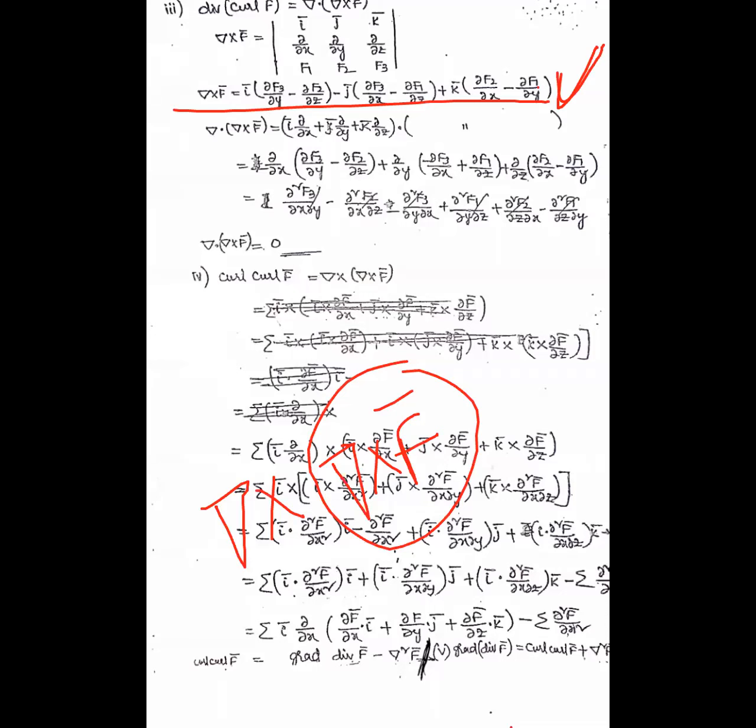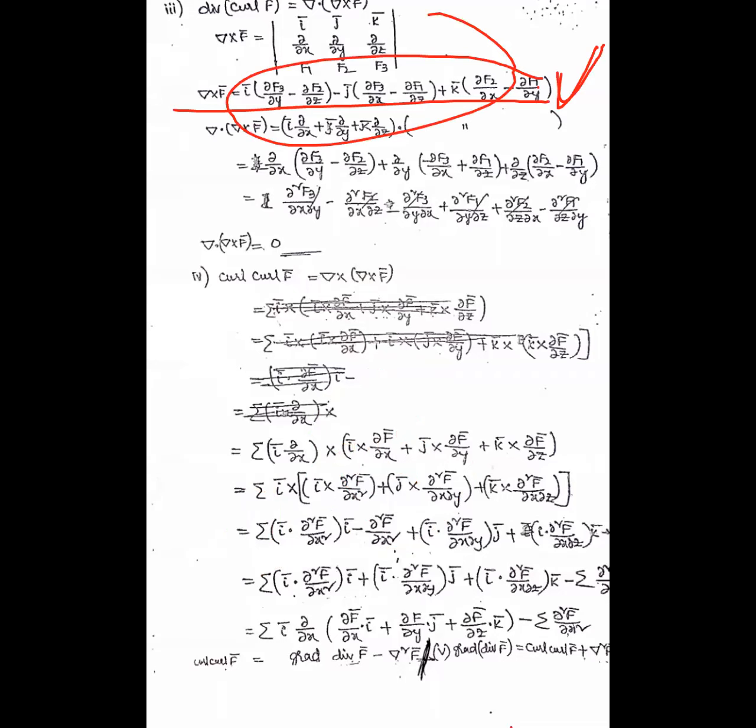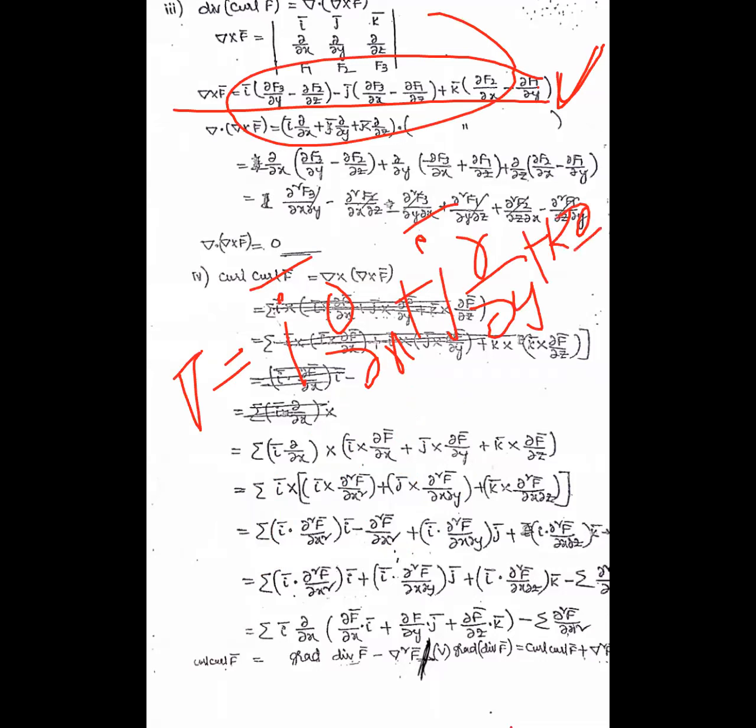So taking this answer and applying del again. What is the formula of del? Del equals i ∂/∂x plus j ∂/∂y plus k ∂/∂z, then dot. So this is del dot.